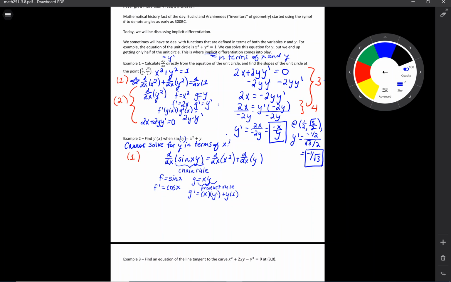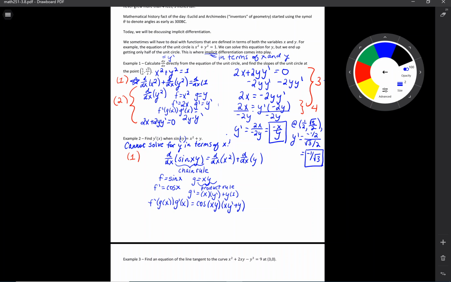And then from here, I can use the chain rule. So the chain rule says that I have f prime of g of x times g prime of x. In this case, we have f prime of g of x is cosine of xy times x y prime plus y.